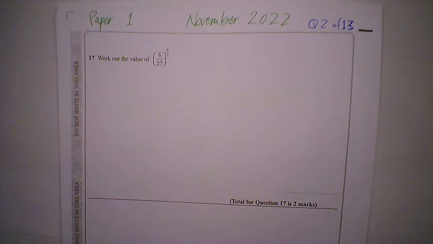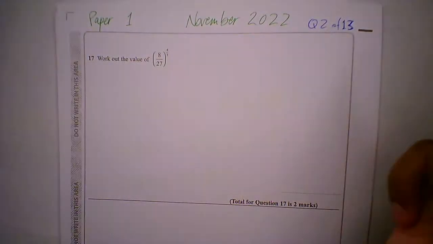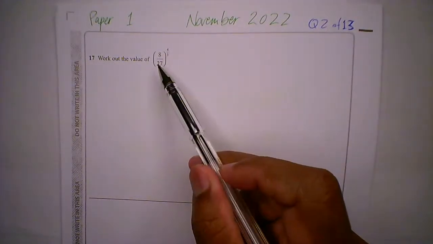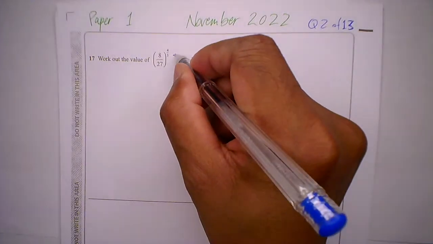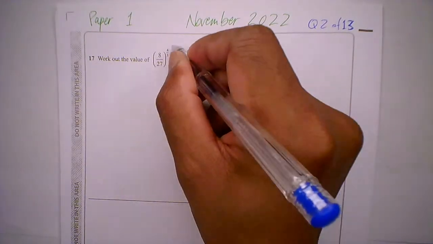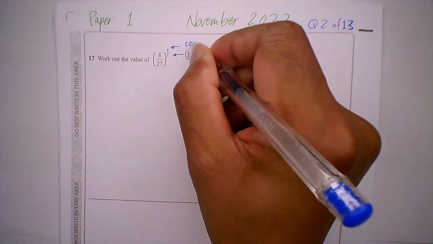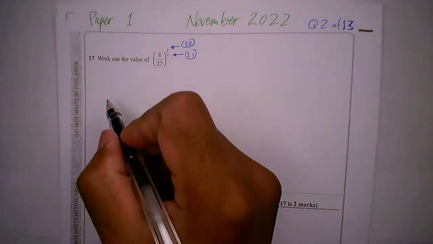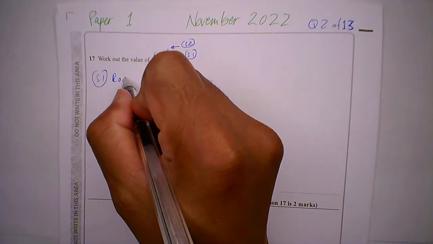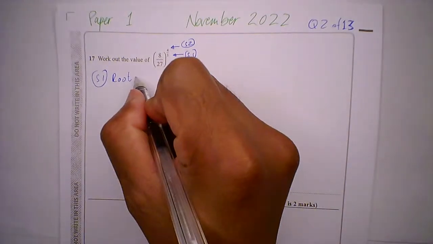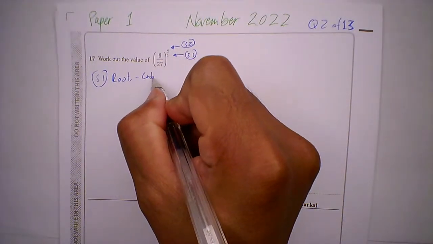Okay, so similar to the last question, the difference is we now have a fraction, but the same steps. Step 1 is our denominator, step 2 is our numerator. So step 1 is the root. In this case, it's our cube root.